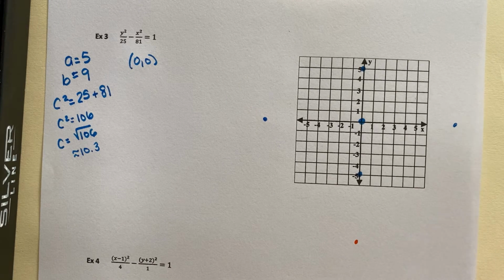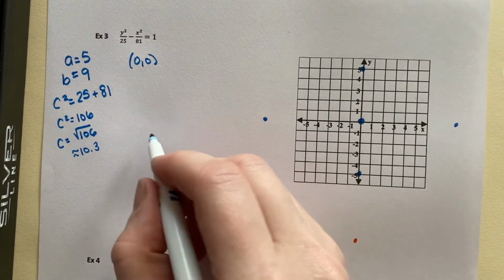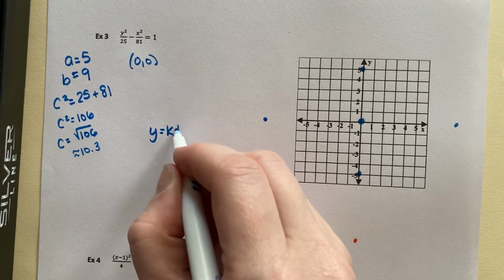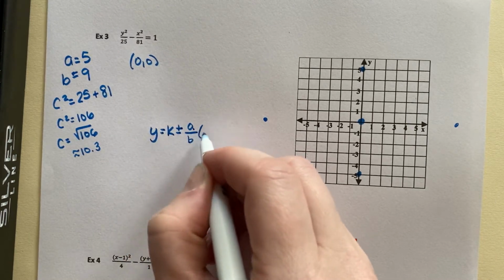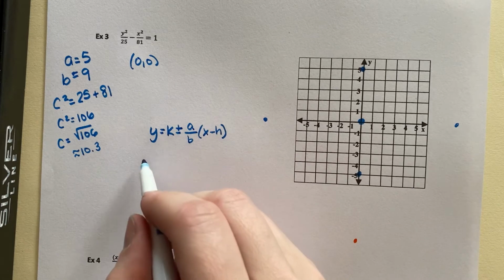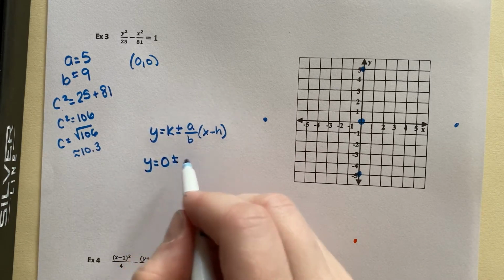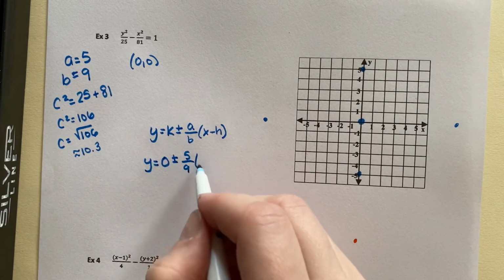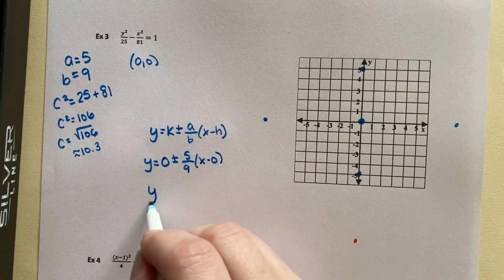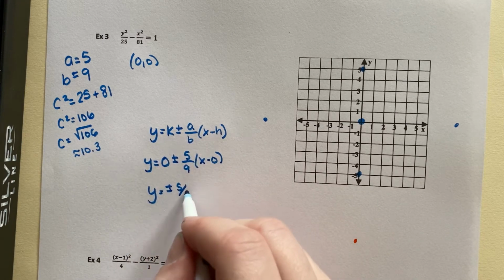Okay, so let's go ahead and find our asymptote. Okay, plus or minus a over b, x minus h. So that's 0 plus or minus 5/9 x minus 0. So plus or minus 5/9 x.